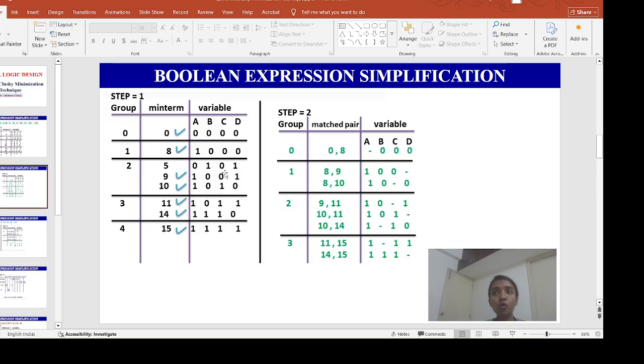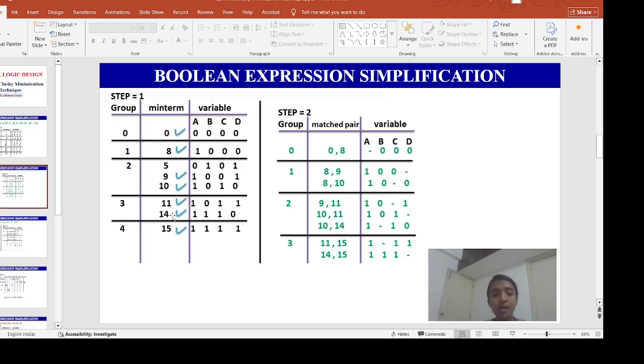If there is more than one mismatch, we have to discard it. Likewise, we have to group them. Okay, so here the matched pairs are m9, m11, m10, m11, m10, m14.